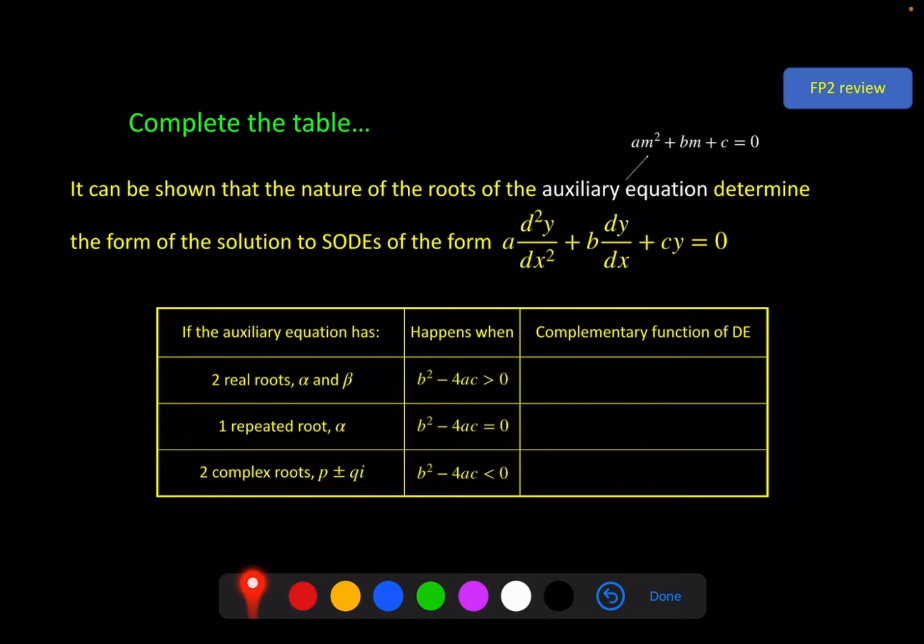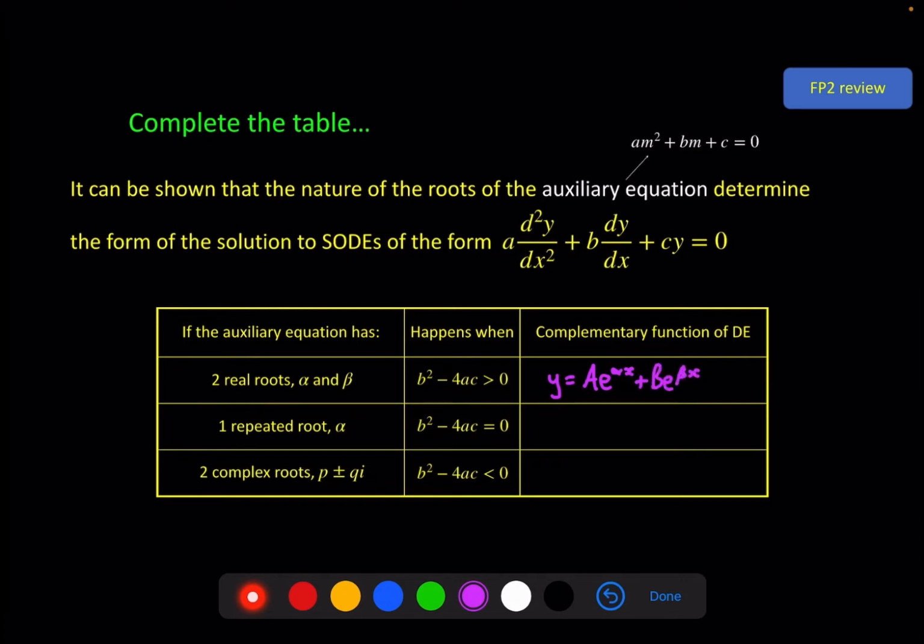On the screen, a quick starter to review the previous video, complete this table. You need to remember that if an auxiliary equation has two real roots, then the complementary function has the form y equals a e to the alpha x plus b e to the beta x.